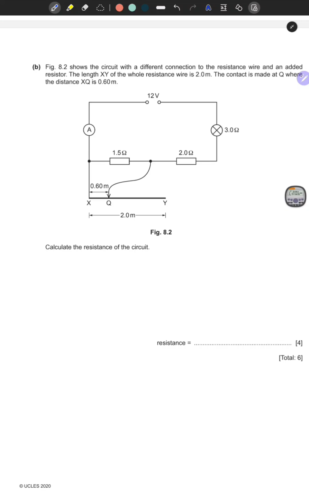Calculate the resistance of the circuit. Alright, here this connection is a mix between series and parallel. The line XQ is connected in parallel with the resistor of 1.5 ohm. Let's see what we are going to do here.